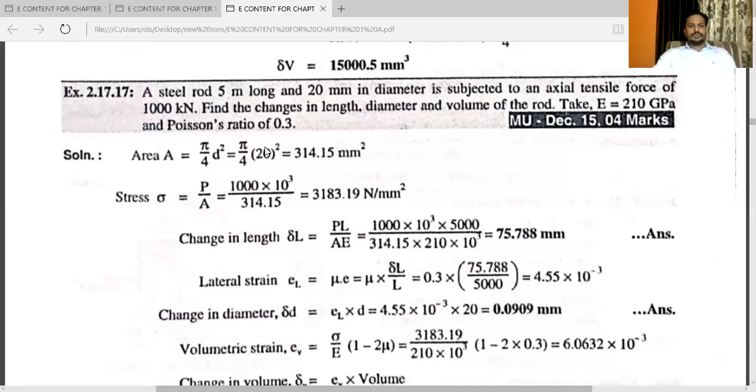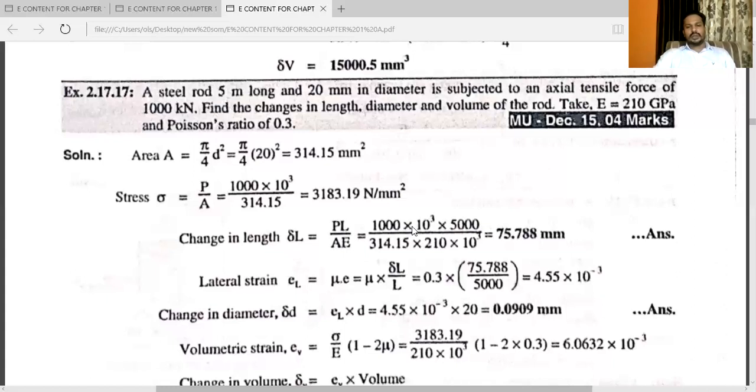Now we have to calculate change in length. We know that the formula for change in length, delta L, is equal to PL upon AE. Here we have the value of P, the value of L, the value of area, and the value of E. So you have to just put all the values in the formula.